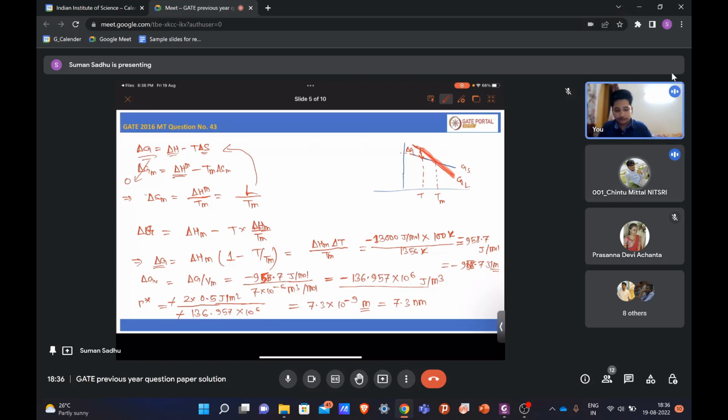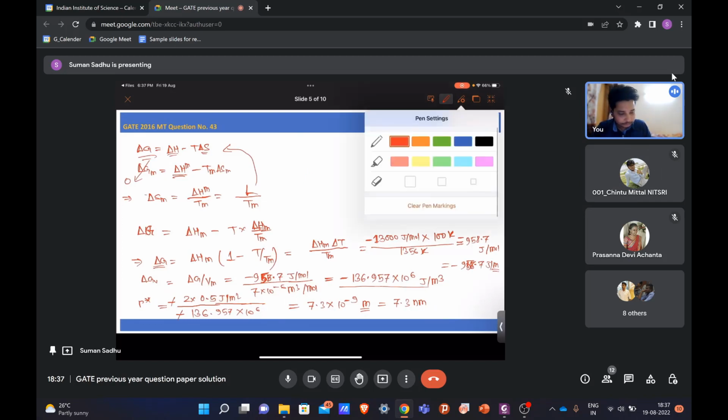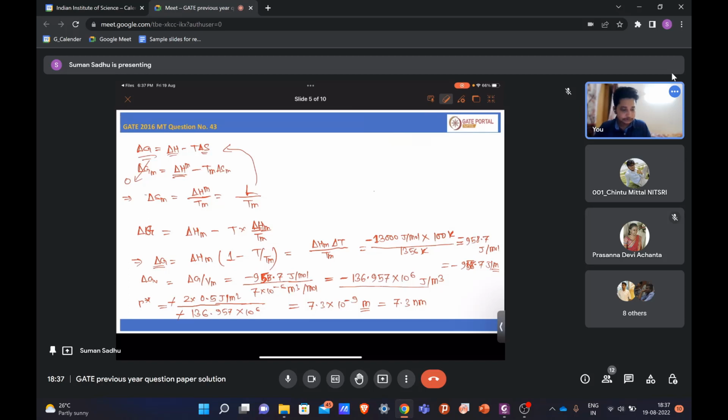Basically, there is an assumption that this free energy line I have drawn, right? Okay, let's draw again with the trace. For a very small range of temperature, like 100, 200 or 300 kind of range, it is assumed that these free energy lines are almost straight lines.